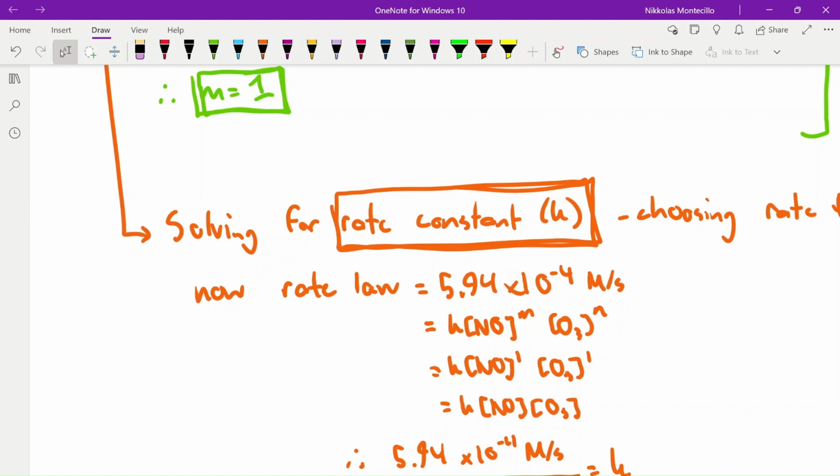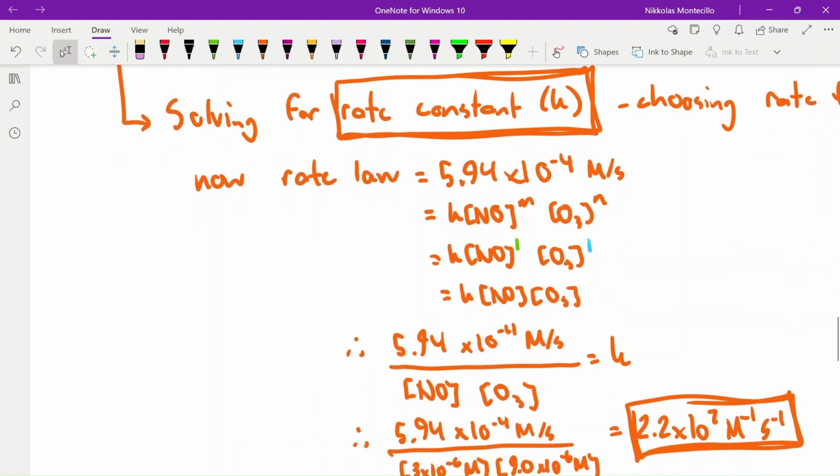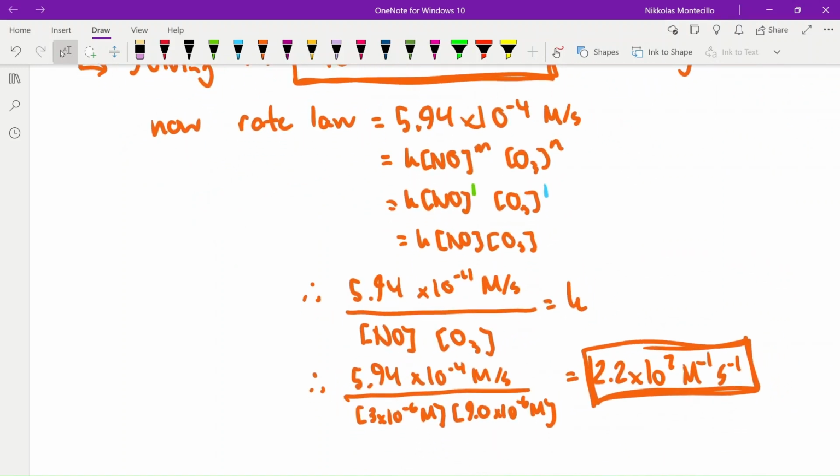Now we deduced that the reaction orders are 1 for both of them. So essentially the rate equals k times the concentration of NO times the concentration of O3. Therefore, to isolate for k, we simply need to move those concentrations to the other side by dividing both sides. Okay?